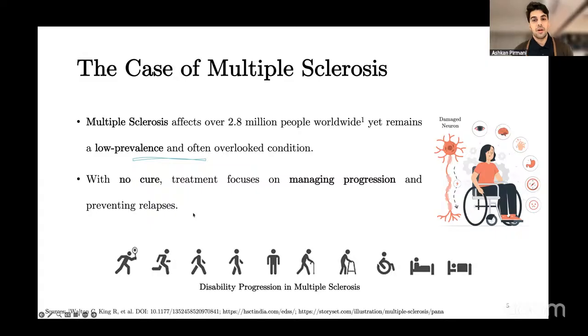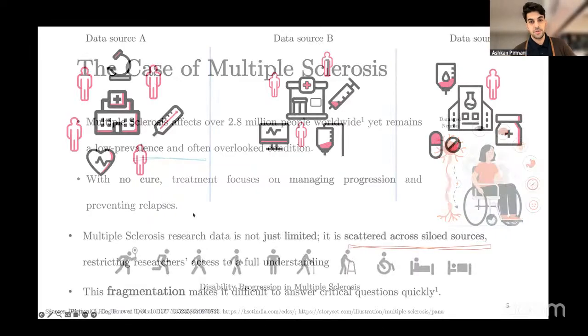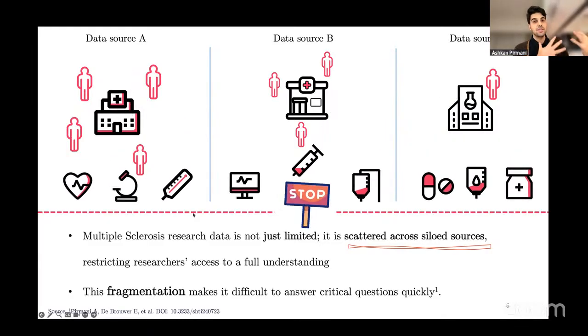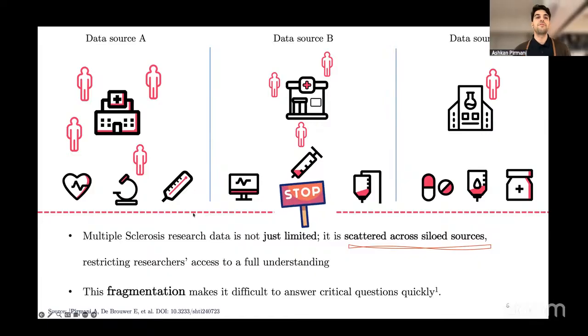This progression highlights the complexity and individual variability in MS, which demands personalized and adaptable treatment approaches. In practice, to be able to answer these kinds of questions, the first step often involves accessing the data. But as this slide shows, the data is fragmented across siloed sources like hospitals, clinics, and research institutions.